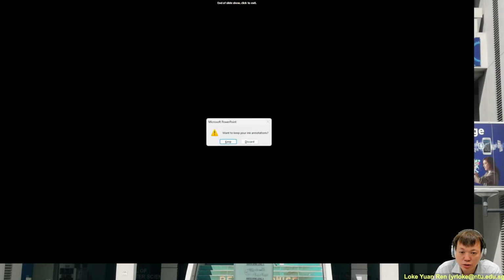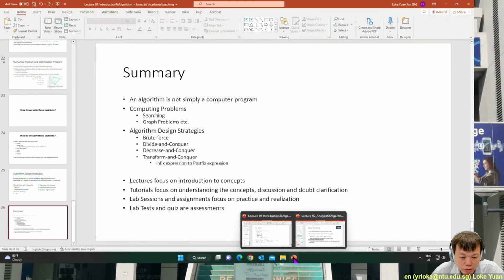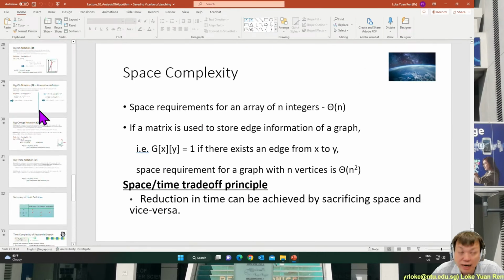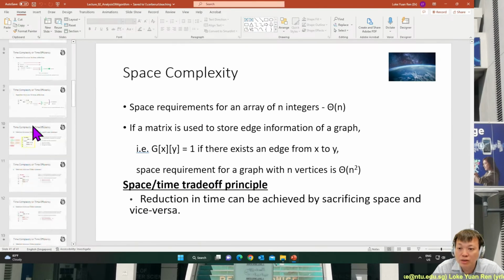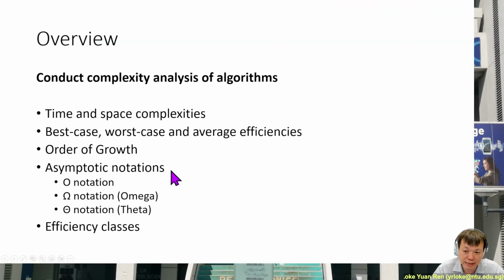Okay, so before I end today's lecture, I just give you a rough idea: on the Wednesday lecture, I will cover the analysis of algorithms. I will introduce time complexity and space complexity, what is the best case, worst case, average efficiency, and so on, and why you need to know the order of growth of an algorithm, and how to represent the order of growth.